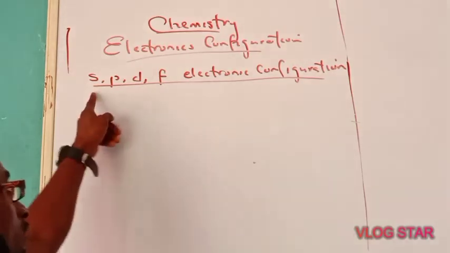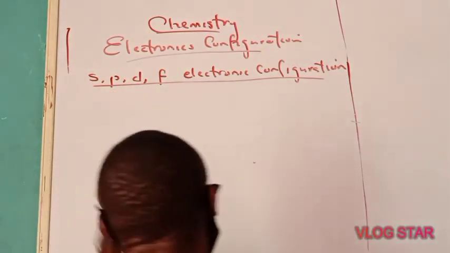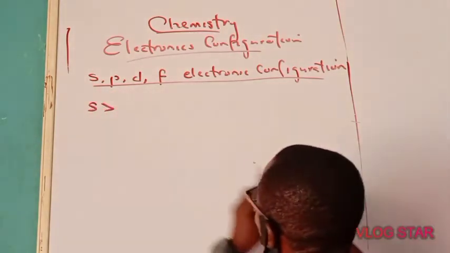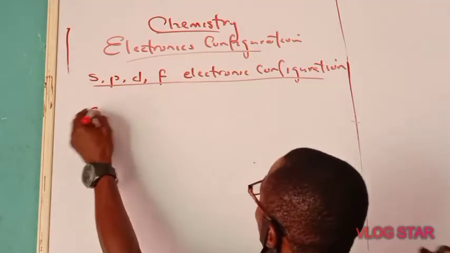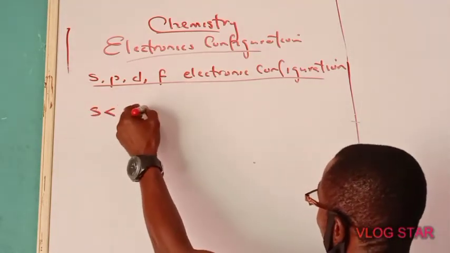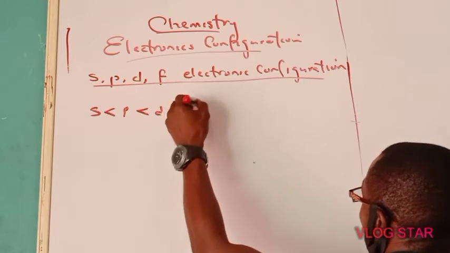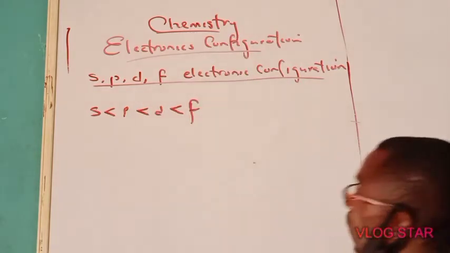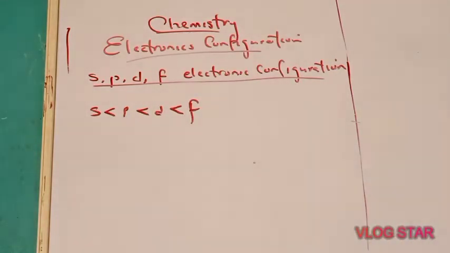So S is first filled up this way. S is less than P less than D less than F. So these are different energy levels.